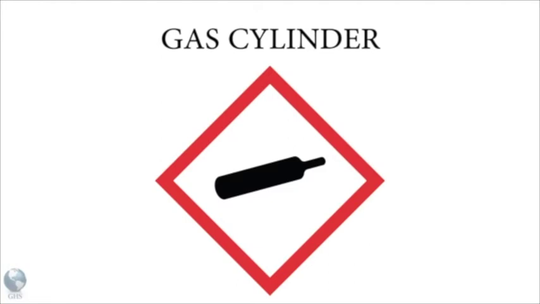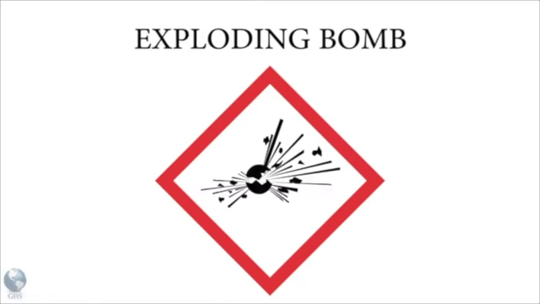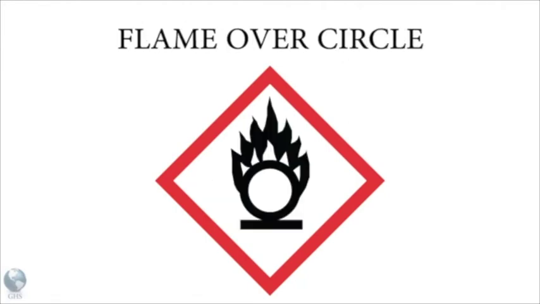The gas cylinder is an indication that there is gas under pressure, and that we need to be careful if it's heated, it could possibly explode. A corrosion is anything that would possibly cause damage to our skin. Exploding bomb is really self-explanatory. It means that the chemical inside has the possibility to explode or expand.